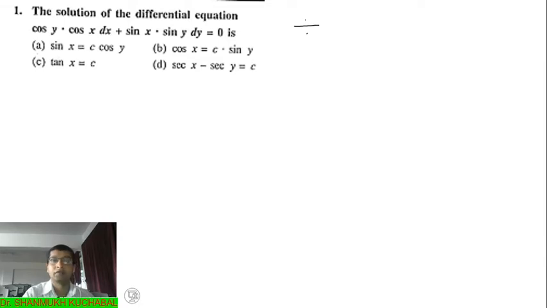So here we divide by sin x into cos y, because here it is dx, we want the x function only, we don't want y, so we have divided by cos y. Similarly, for sin y dy, we don't want sin x, so we have divided by sin x.